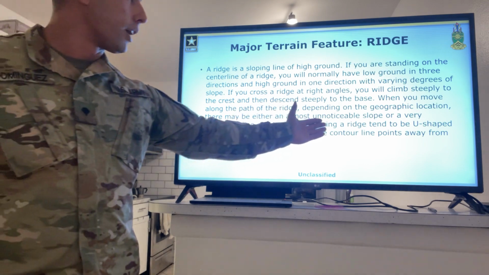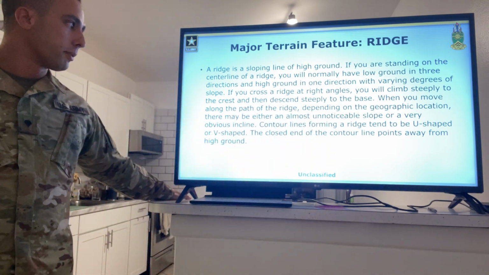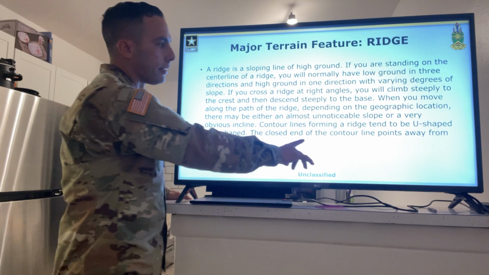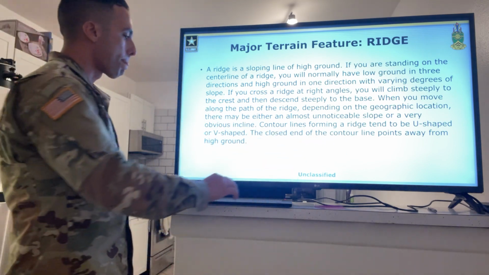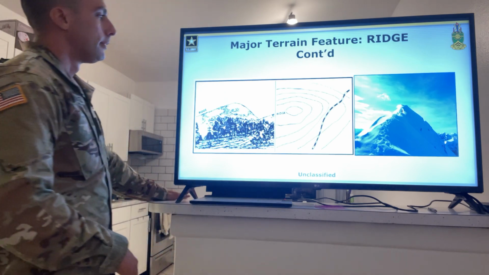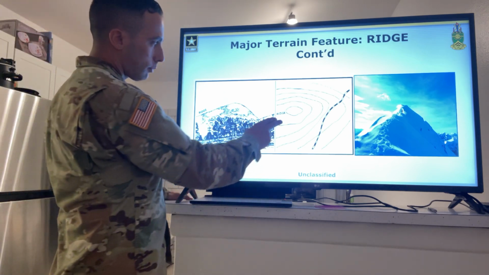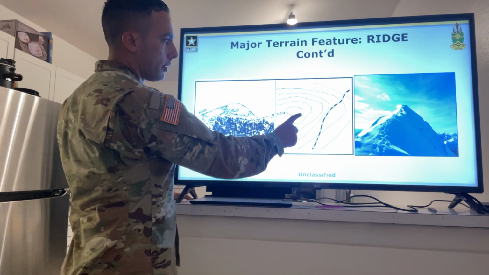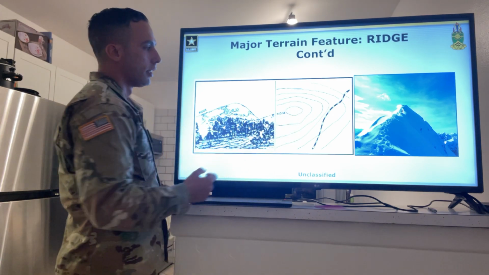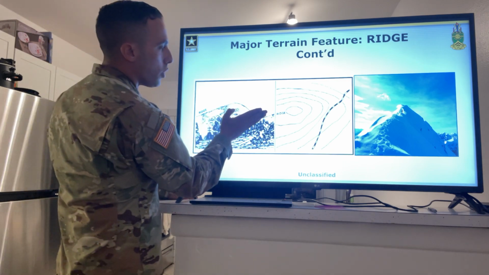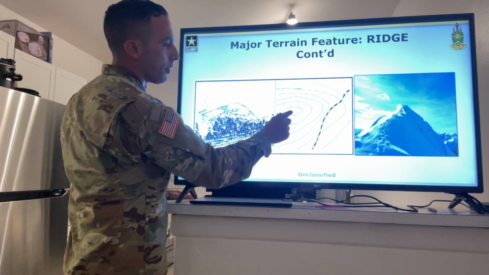Contour lines forming a ridge tend to be U or V shaped, and the closed end of the contour lines point away from high ground. So in this example, we have an area of high ground that is identified by this small circle in the center, and then you have the ridge approaching that area of high ground.